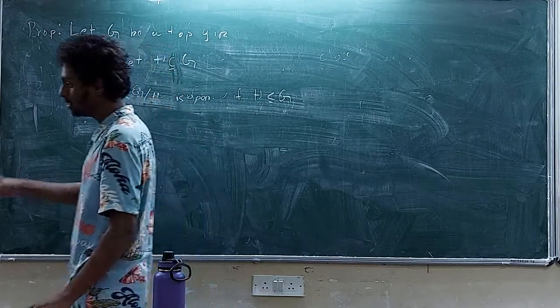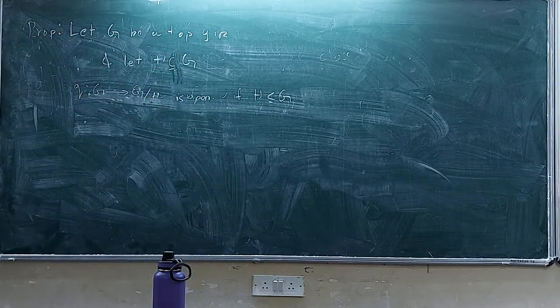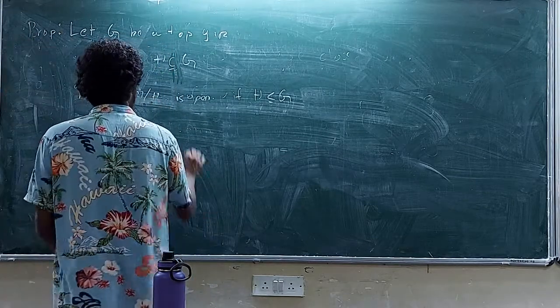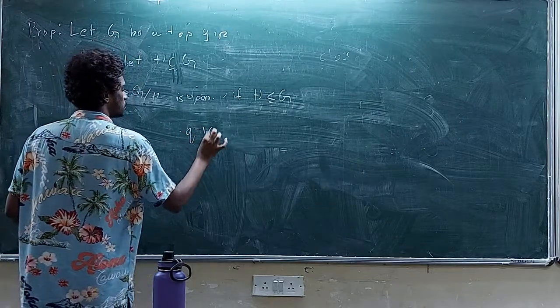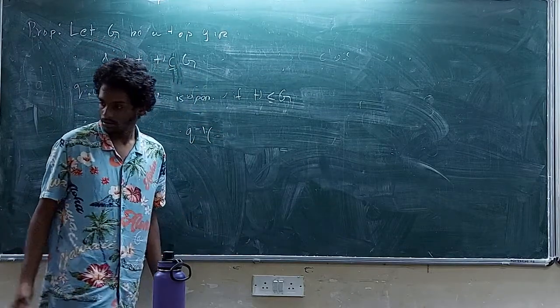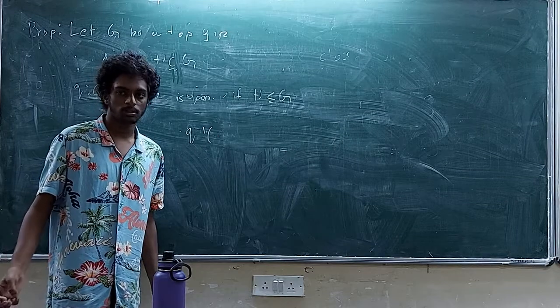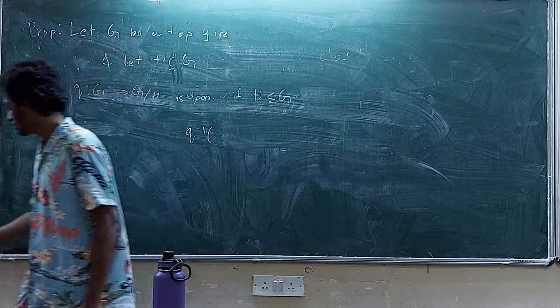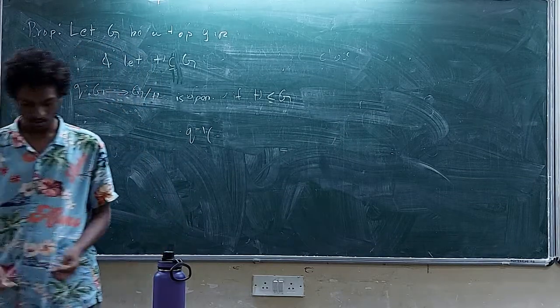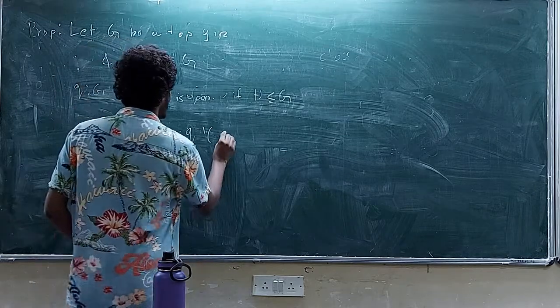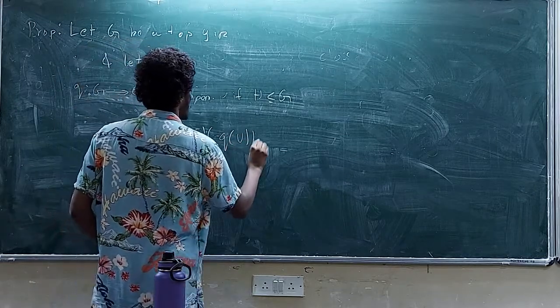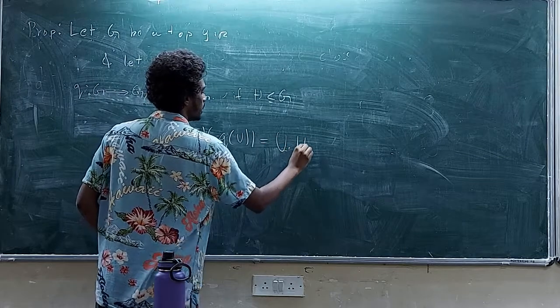because the condition that we required was Q inverse of Q of U has to be open for every open U. So Q inverse of Q of U over here will be equal to the product of U and H, right?